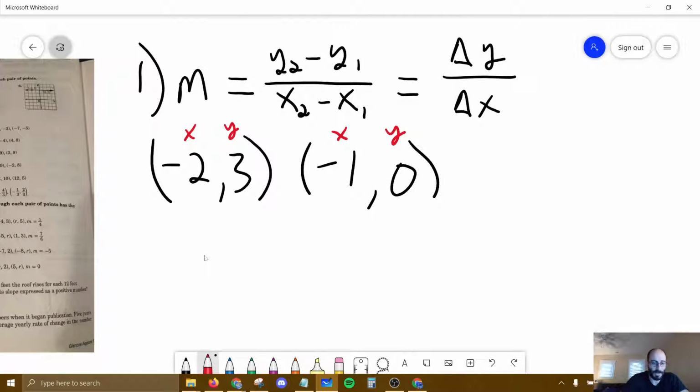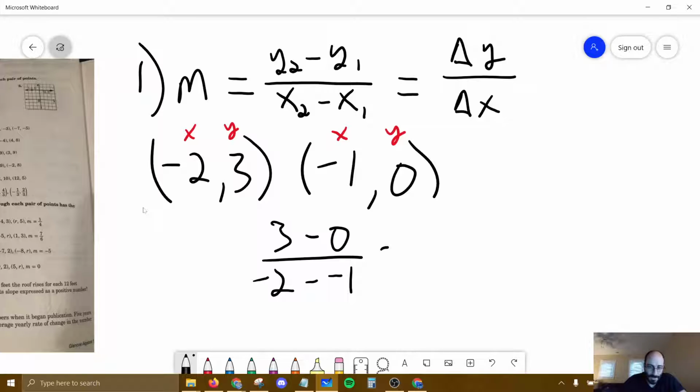So let's show how both ways would be correct. If I do this y point first, 3 minus 0 on top, and on the bottom, since I did this point first, I'm going to do this x first. So I got negative 2 minus negative 1. We got to keep our negatives and minuses all straight here.